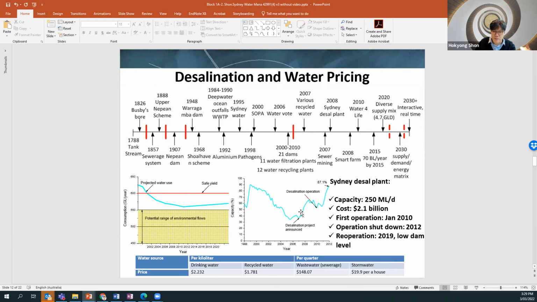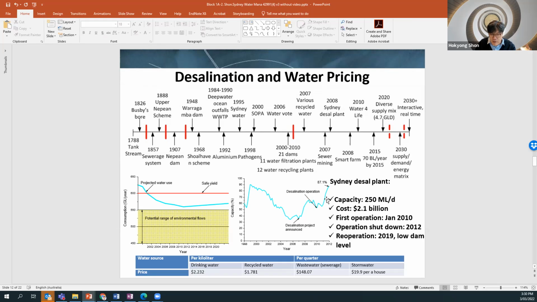That's the reason why we triggered, okay, let's have one desalination plant in 2008. So we started to build a desalination plant, and the dam level started to increase because of unpredicted rainfall.